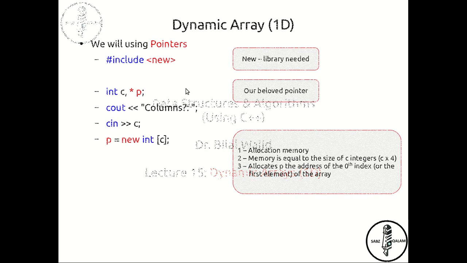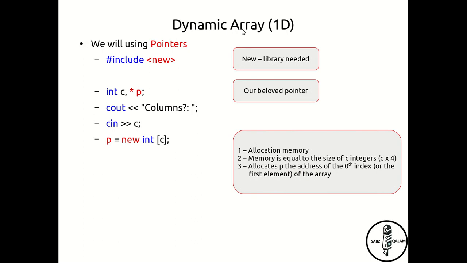So let's consider this. The way you're going to do this is you'll need pointers, and you need to include the new library. We need the beloved pointer *p, which can point to an integer type array.